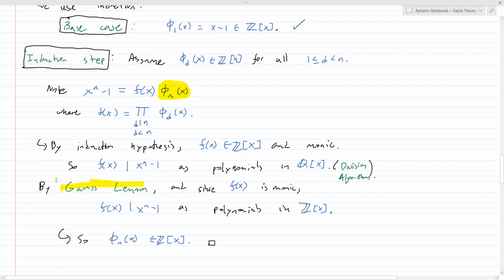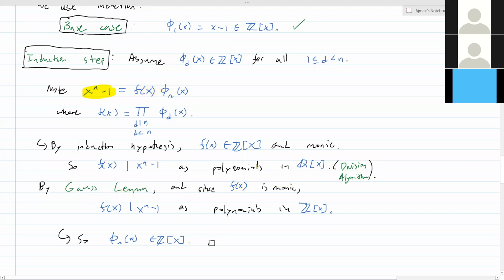And then by the Gauss lemma, since f of x is monic with integer coefficients, and x to the n minus 1 has integer coefficients and is monic, we know that f of x divides x to the n minus 1 as polynomials with Z coefficients. The Gauss lemma relates division of polynomials with rational coefficients to division of polynomials with integer coefficients.